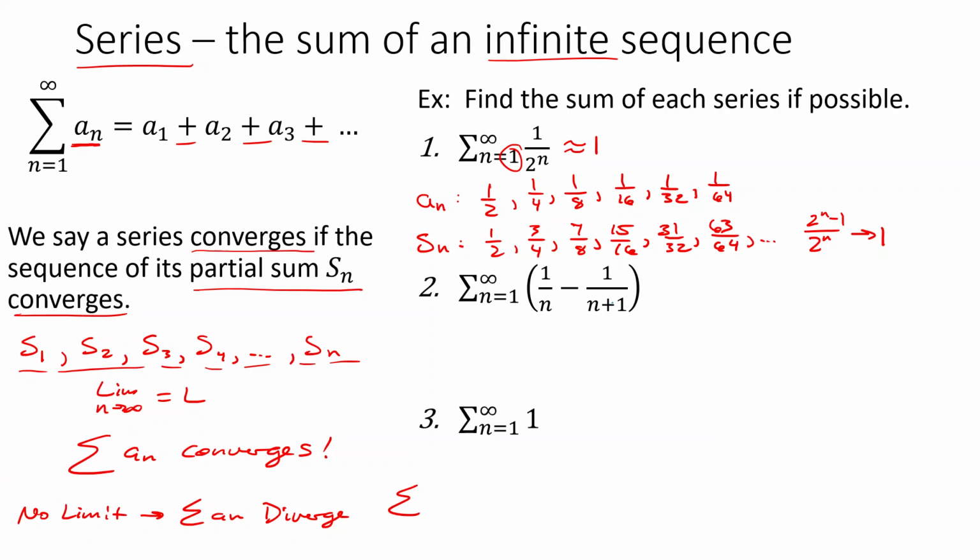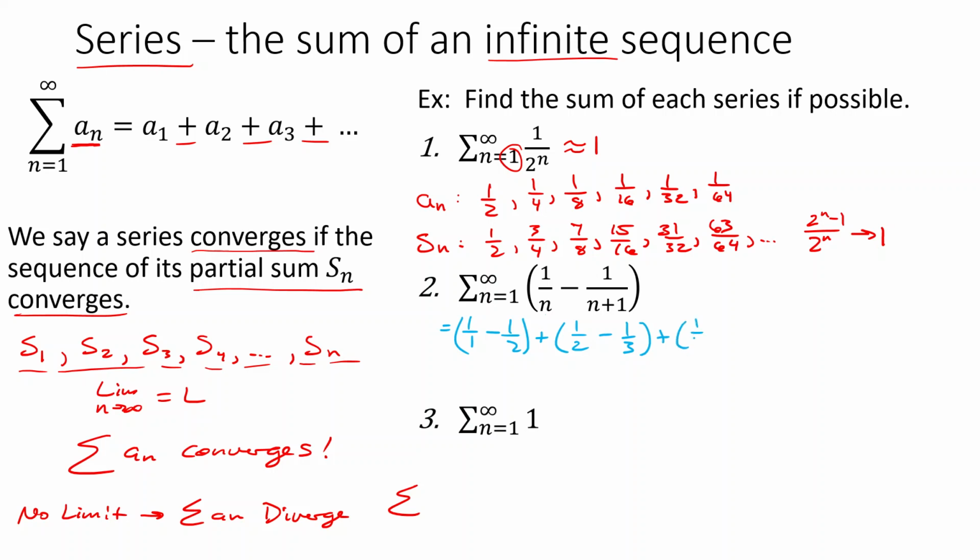All right, so now let's try this one. It's got two terms, 1 over n minus 1 over n plus 1. So if I plug in 1, I get 1 over 1 minus 1 over 2. There's my first term. Next, if I plug in 2, I get 1 over 2 minus 1 over 3.